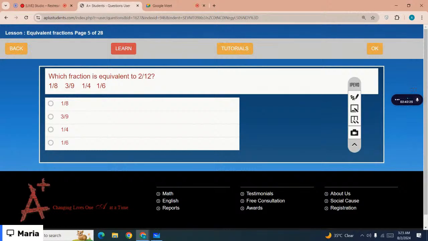Which fraction is equivalent to 2 over 12? Which is the correct option?